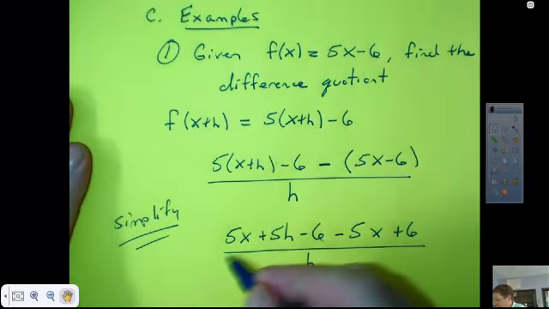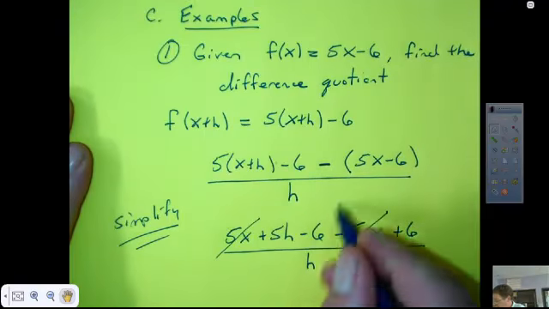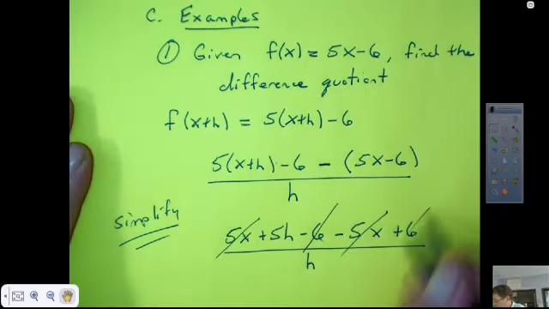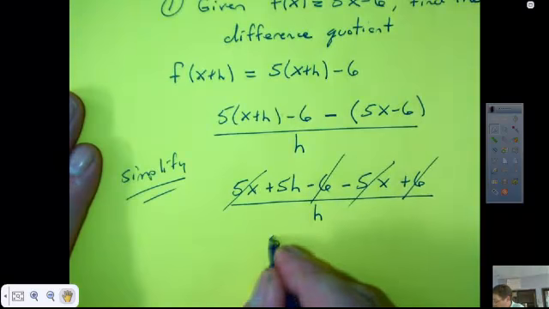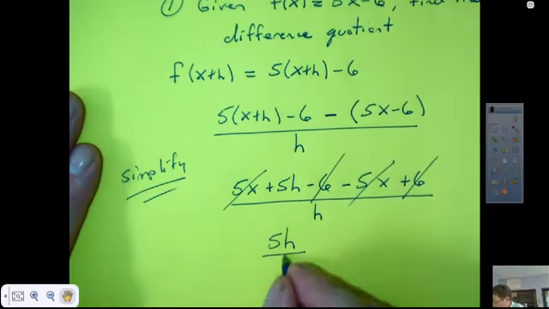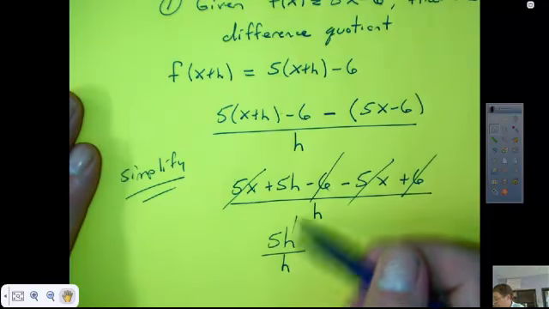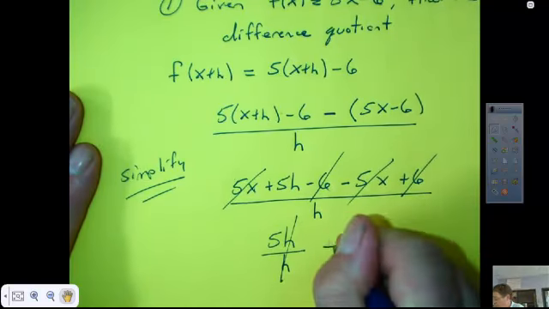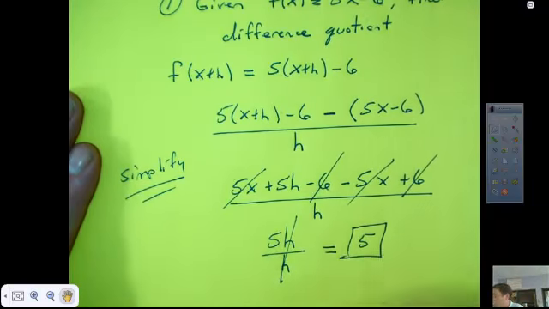The 5x cancels, and the minus 6 and plus 6 cancel. So I'm left with 5h over h. What can cancel here? H divided by h is 1, and the answer is 5. So it's just 5.